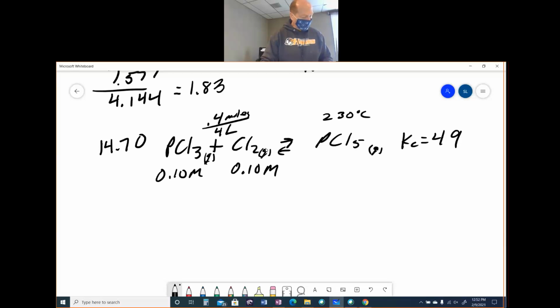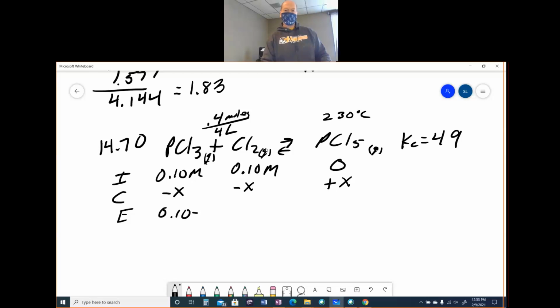Again, we want the equilibrium composition. Initially, they didn't say anything for the product. It goes to the right, minus the coefficient 1x, minus the coefficient 1x, plus the coefficient 1x. And so we have 0.10 minus x, 0.10 minus x, and x.